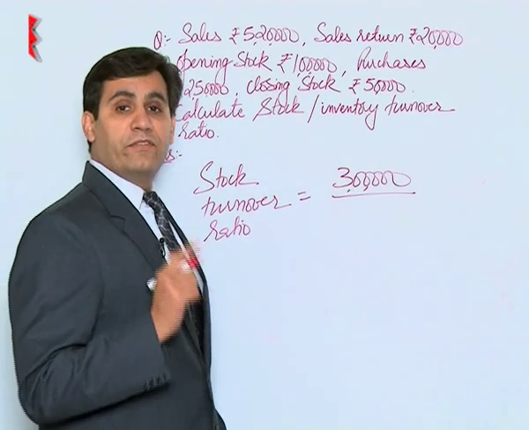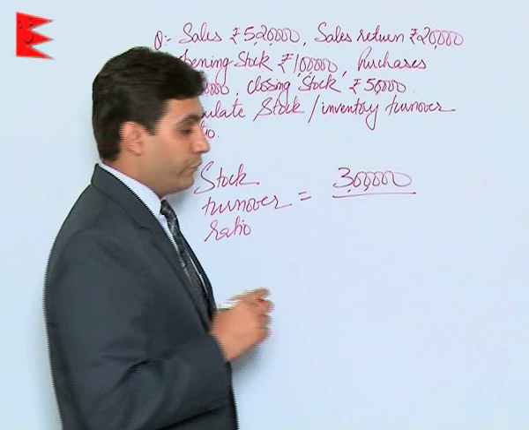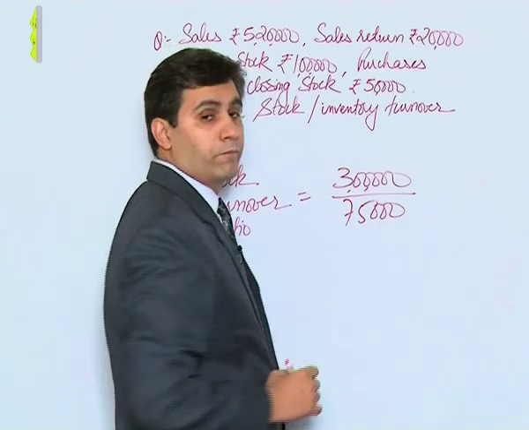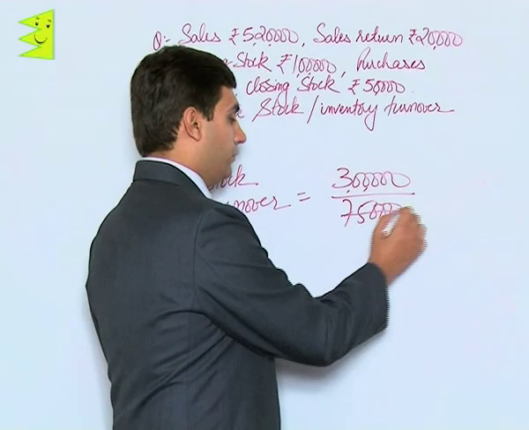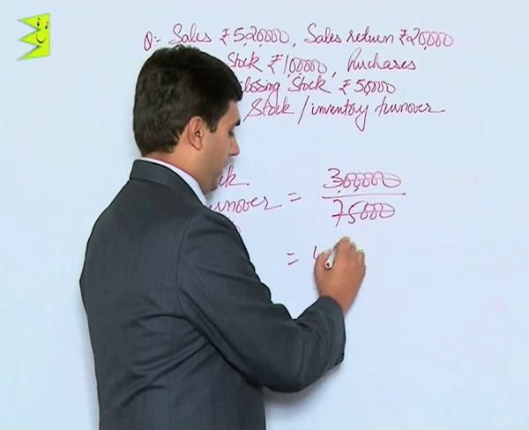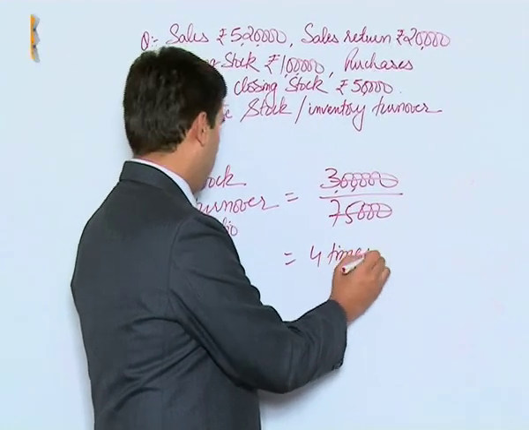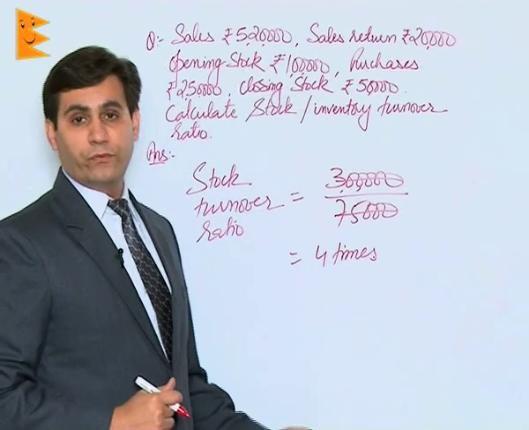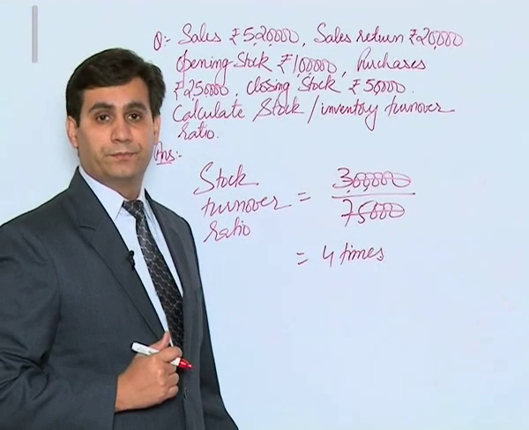The average stock that we had calculated in equation number 1 was valued at rupees 75,000. Dividing these two, we get 4 times. That means the stock turnover ratio based on this question is 4 times.